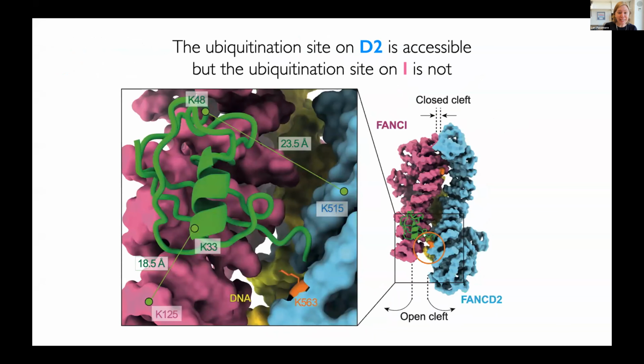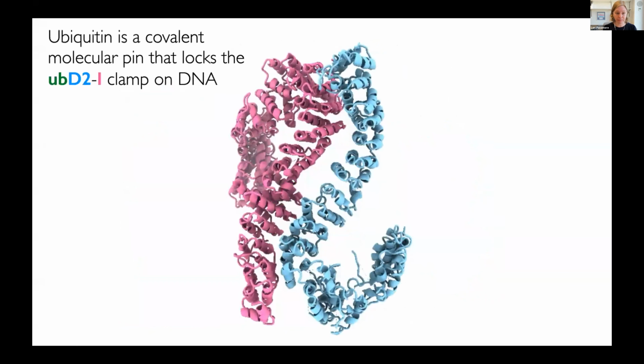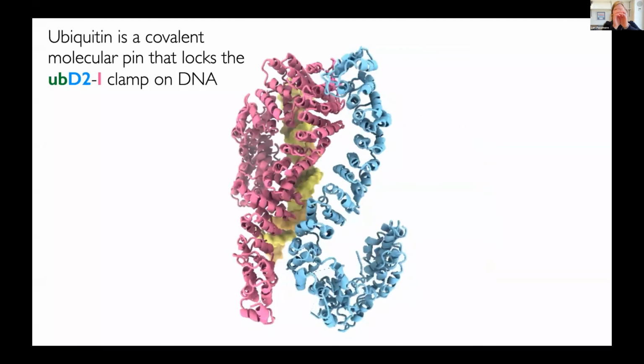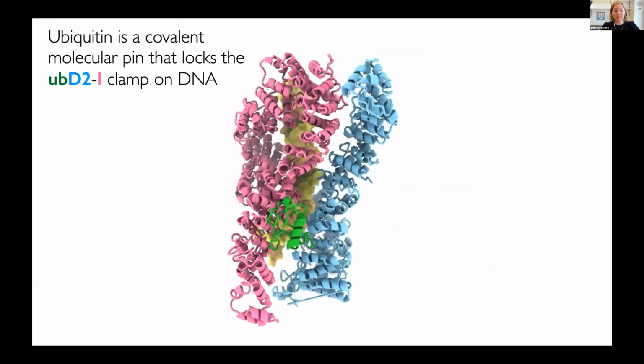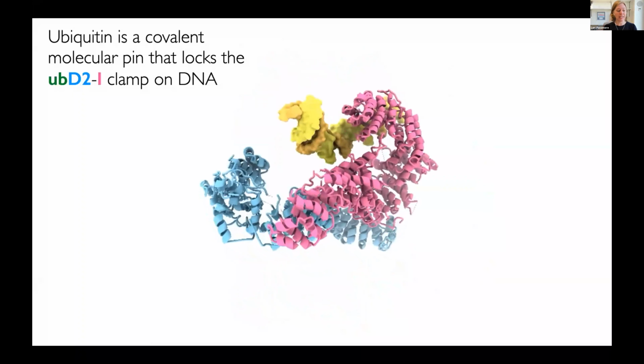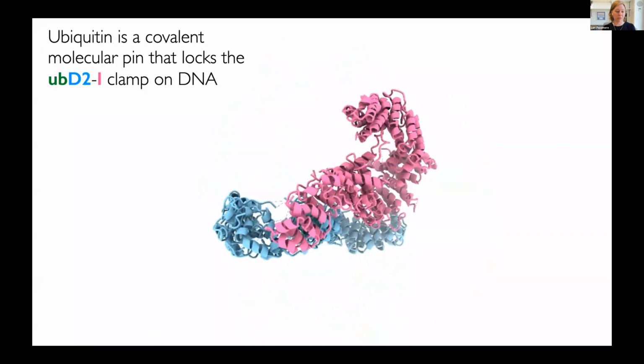So how do the E2 and the FA core complex access the lysine for ubiquitination? Well, DNA binding opens a cleft, exposing the ubiquitination site on the backside of FANC-D2, as shown here on the left. Interestingly, it's really DNA binding that closes the complex and exposes the ubiquitination site on the backside. And you can see this quite clearly from the end-on view.